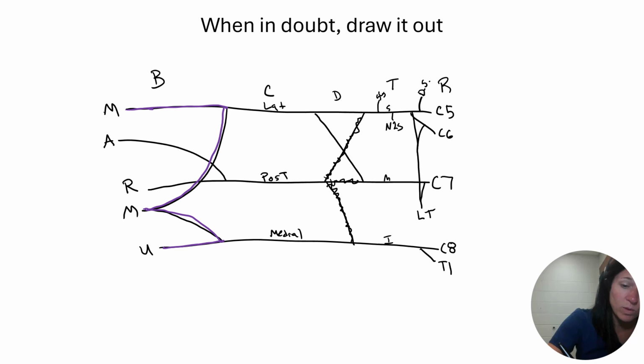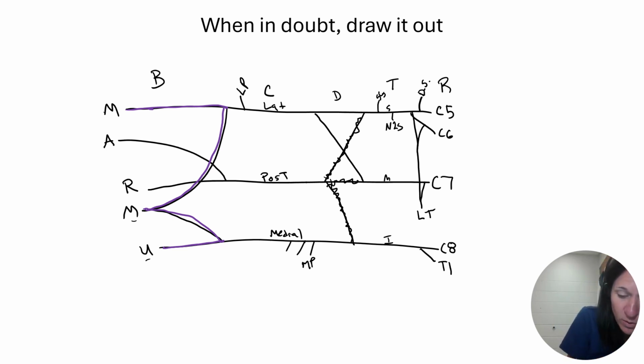Then from our lateral cord, we get lateral pectoral and musculocutaneous, also contribution to median. From the medial cord, we get our cutaneous branches, as well as our medial pectoral, ulnar, and contribution to median.